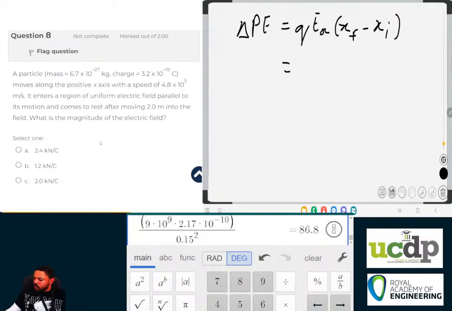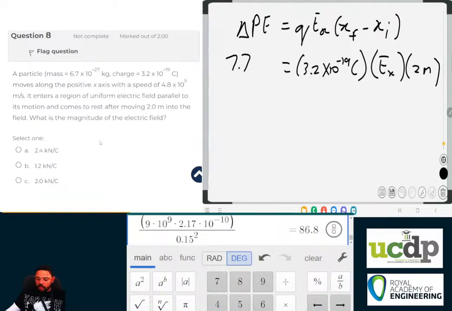Now the charge is 3.2 times 10 to the negative 19 coulomb. The electric field in the x direction at that point, Ex, is what we want, and the distance it travels is 2 meters. And the change in the potential energy we worked out to be 7.72 times 10 to the negative 16 joules.